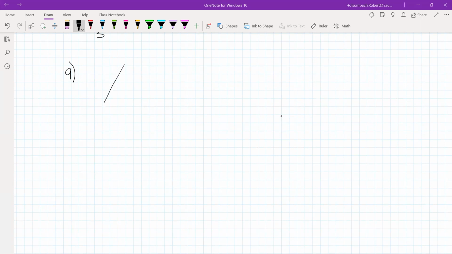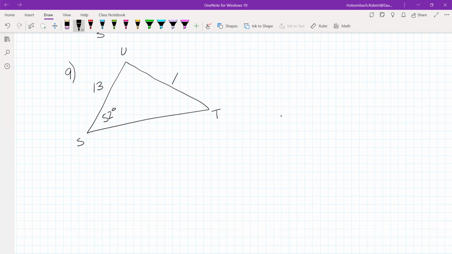Problem number 9. Triangle UST again. US is 13. Angle S is 52.